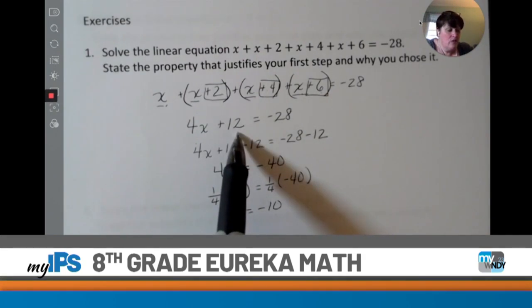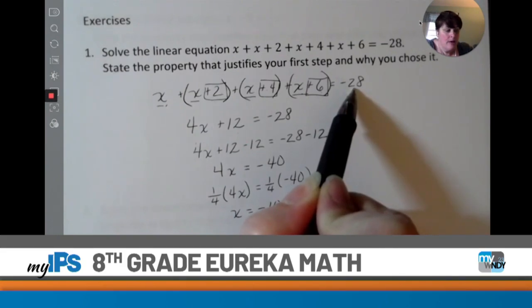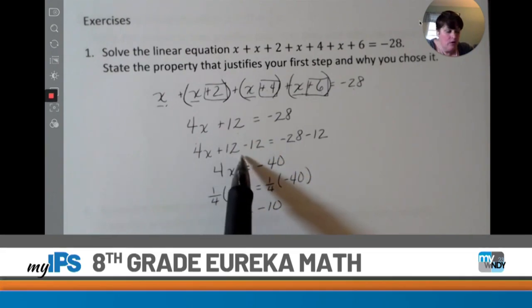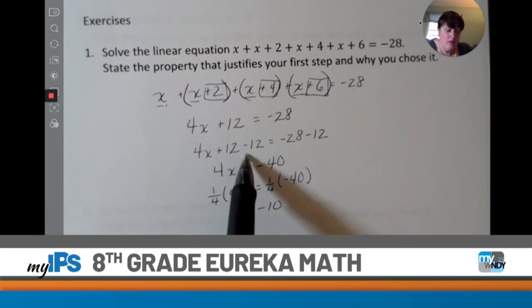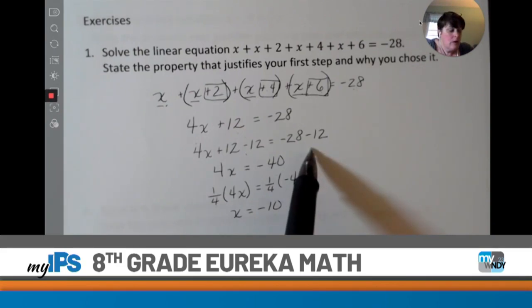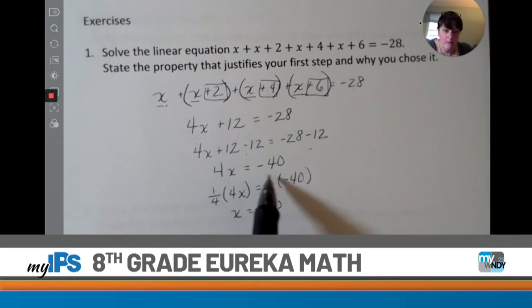That's still equal to that negative 28. I then wanted to remove the constant from the left side of the equation, so I subtracted 12. Well, if I subtract 12 from one side, what do I have to do? I have to subtract 12 from the other side. That left me with 4x equals negative 40.